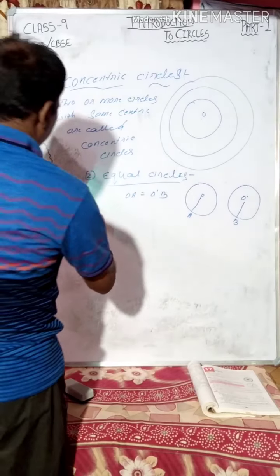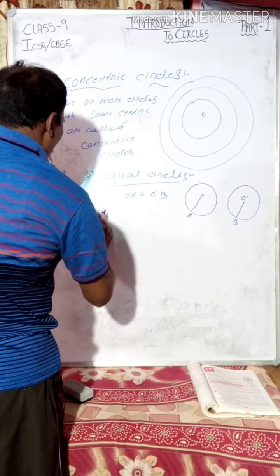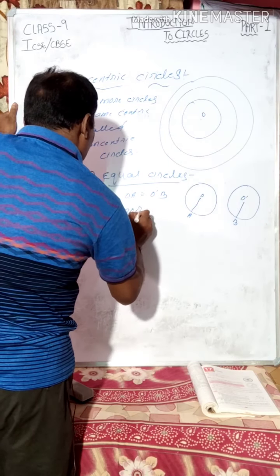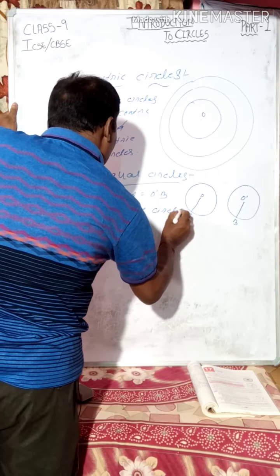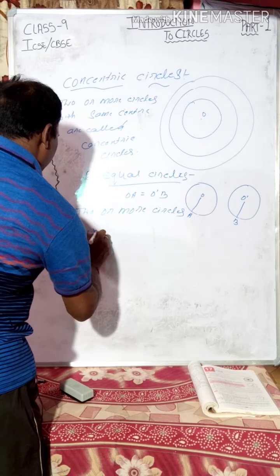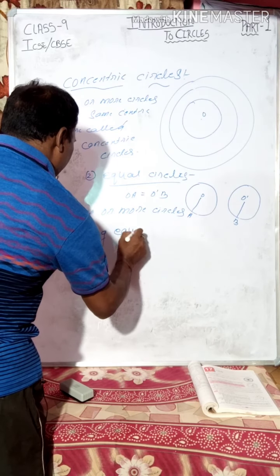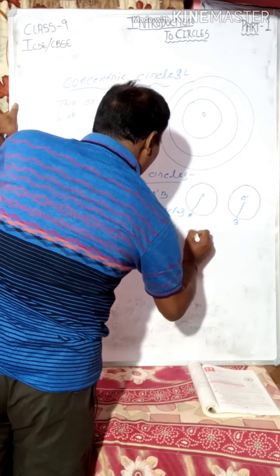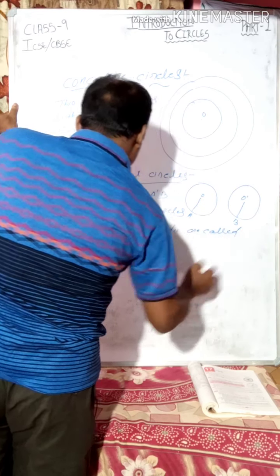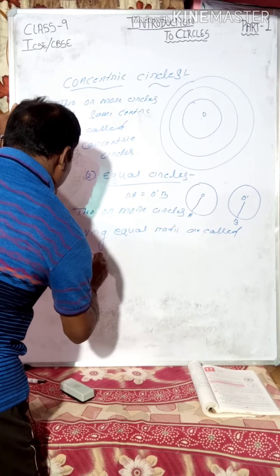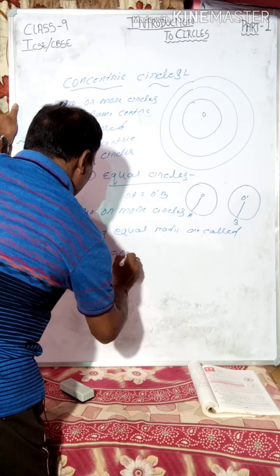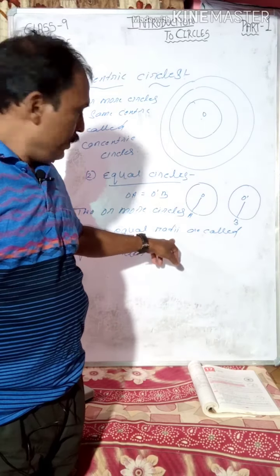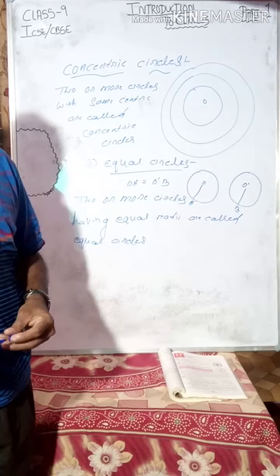Two or more circles having equal radii are called equal circles.